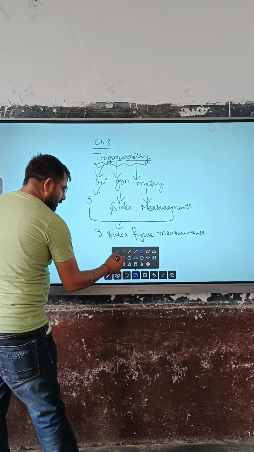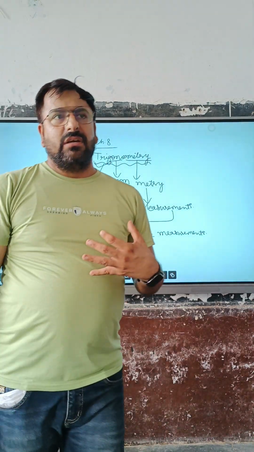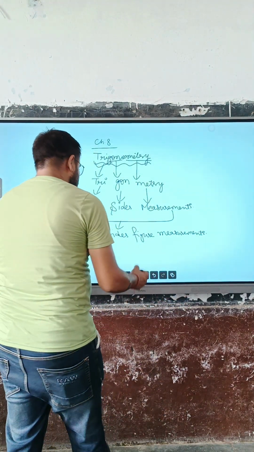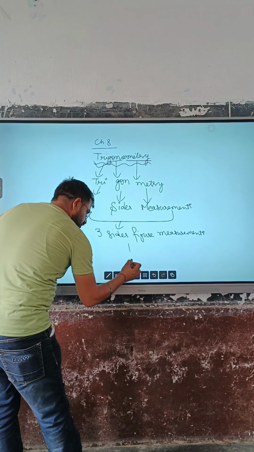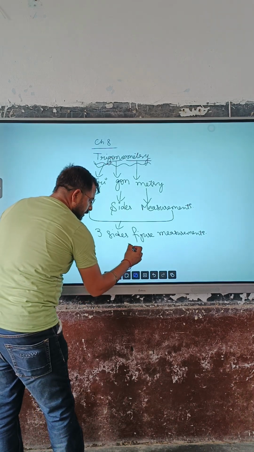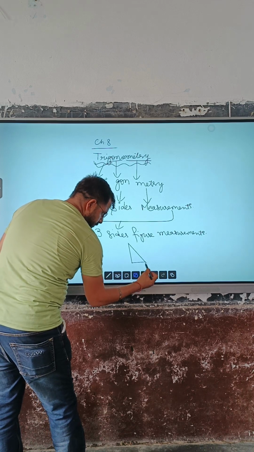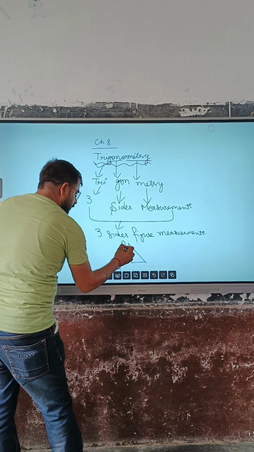In this chapter we are dealing with the right angle triangle, in which one angle is 90 degree.